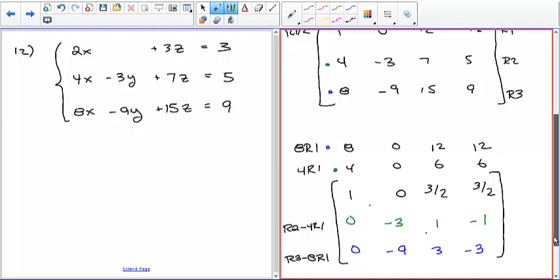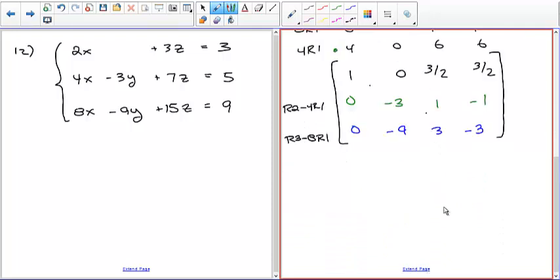Okay, now what do we do? Well, I noticed that all of these you can divide by, but I think you're just going to have to do either one. This doesn't matter. I just saw something.